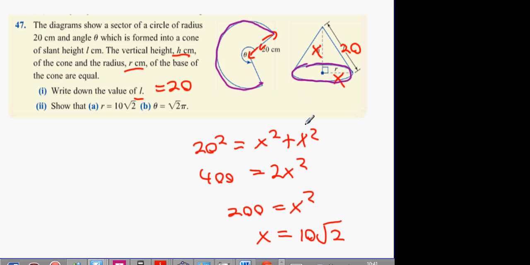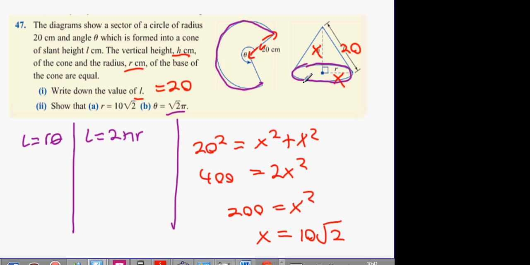I know what R is. We're going to use the formula L equals R theta. Now the problem there is, I don't know what theta is. That's the whole point of the question. But I also know this equals 2 pi R from the circumference. And the circumference, we have the radius for it, so it's going to be L equals 2 pi multiplied by 10 root 2. L equals 20 root 2 pi.